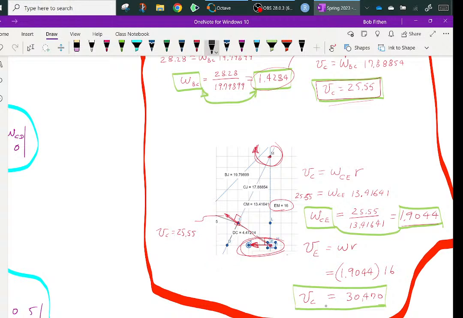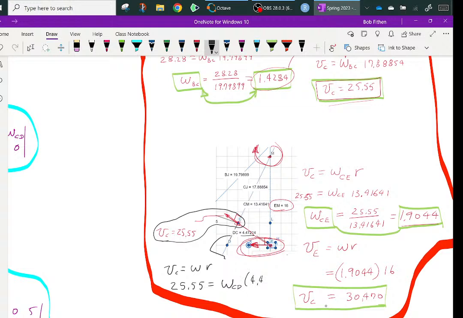So the velocity here at this point is that. The distance is that. So velocity of C is equal to omega R, meaning that this is 25.55 equals omega of this length, which is CD, times R of 4.47214.